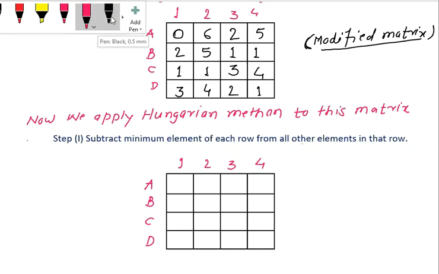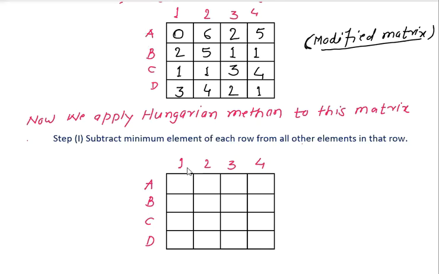In the first row, the smallest element is 0.